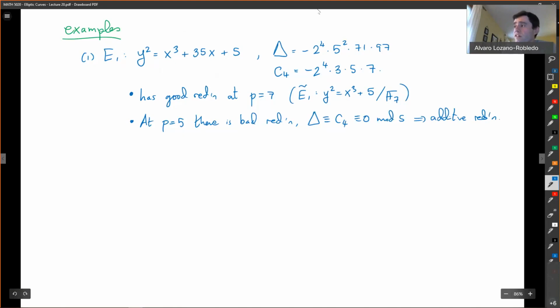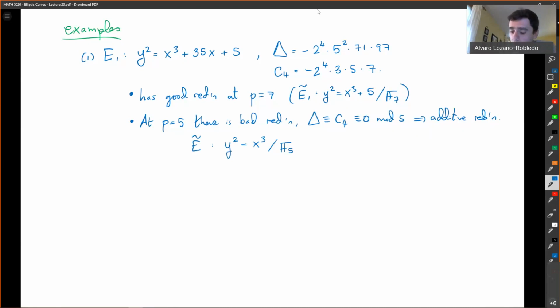Okay, and you can see that in this case, the reduction is the curve y squared equals x cubed over F5, which is certainly a cusp.